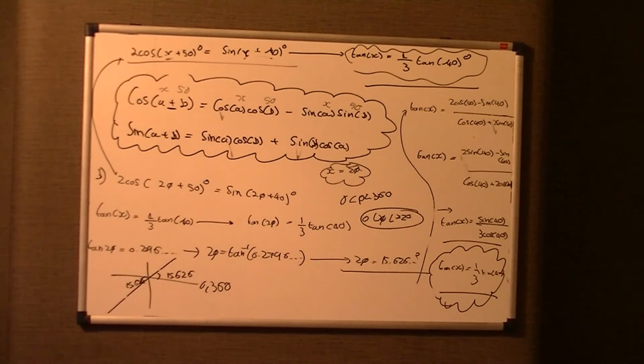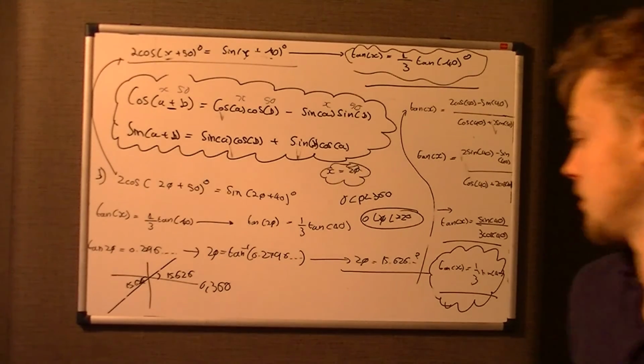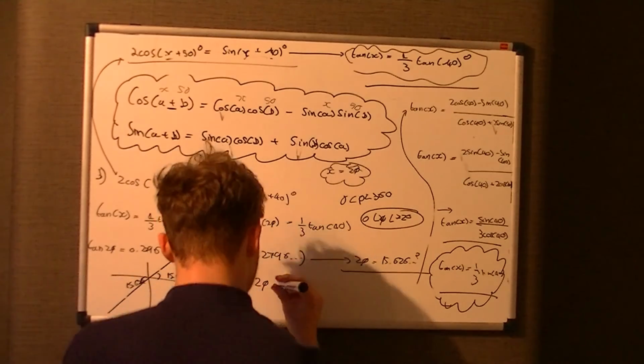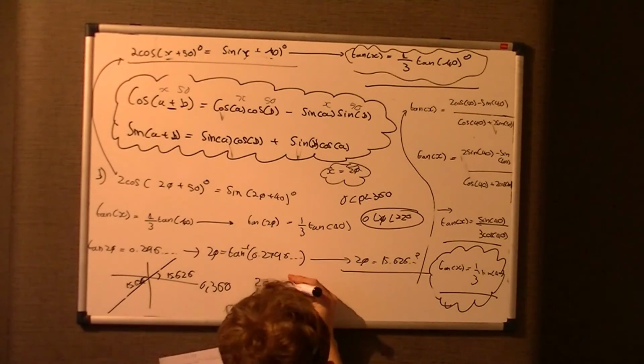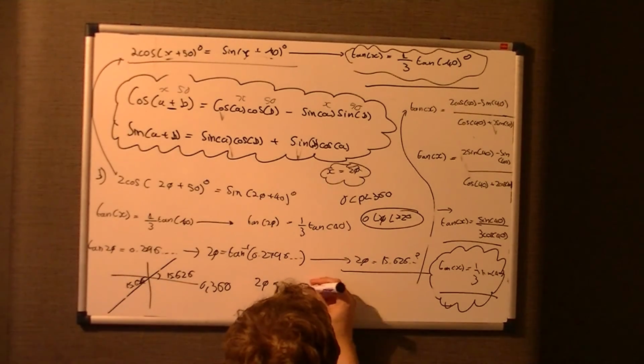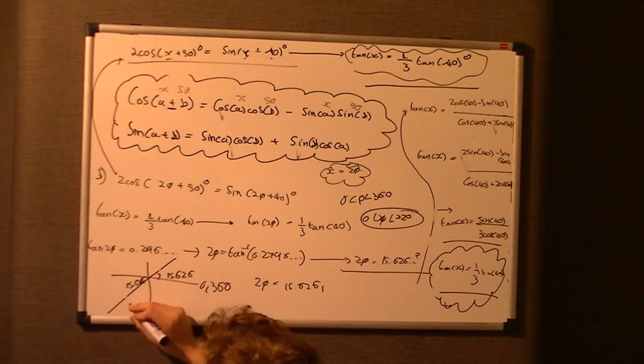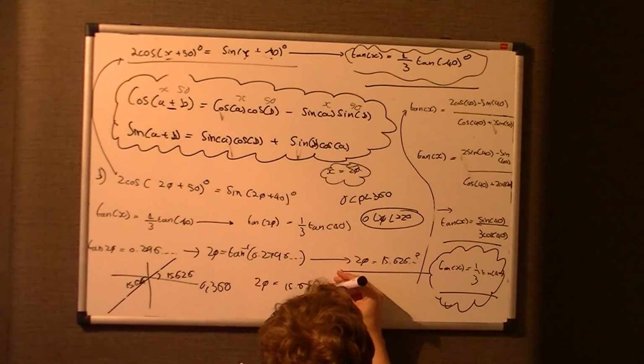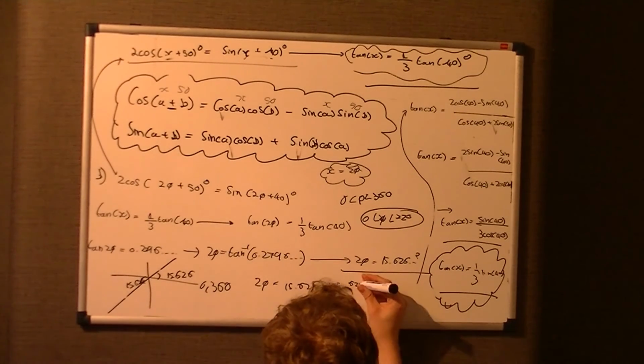So you should get 2 theta to be, sorry, I have the answers out, that's why I was looking over there. 2 theta is 15.626, obviously that'd be your first hit, and then you do 180 plus 15.626, which would be 195.626.